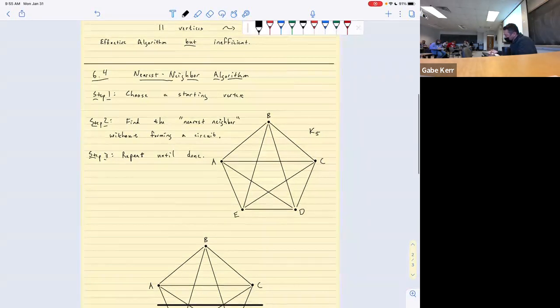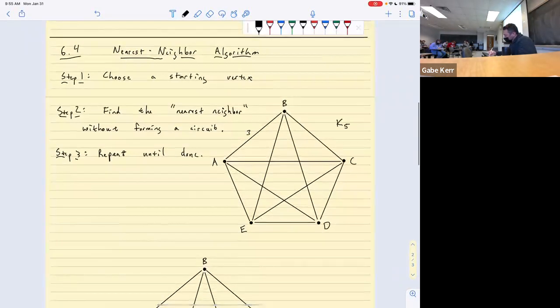I'll give it weights 3, this one 5, 1, 2. You can think of these as miles, or light years, or whatever. Okay, I think I've got all of them.